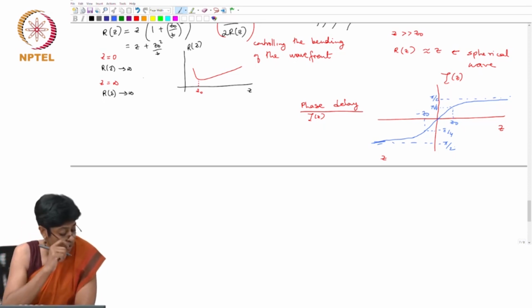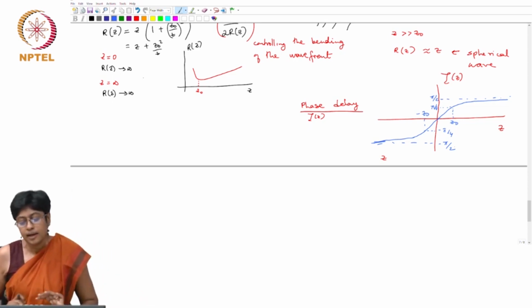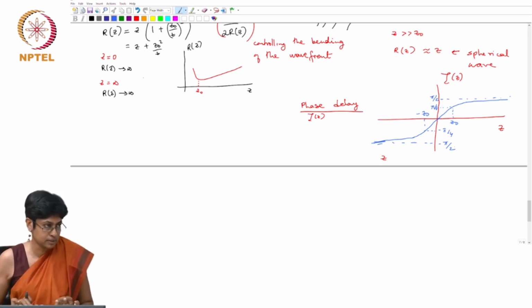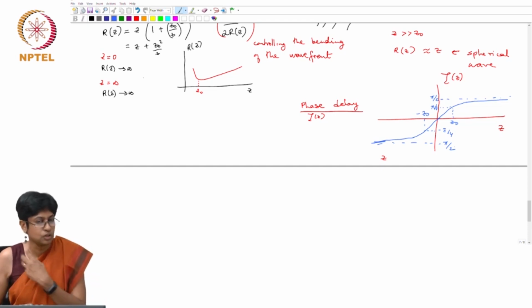Okay, so keep in mind these properties of a Gaussian beam. Okay, we have used the concepts of a plane wave and a spherical wave to understand the Gaussian beam, and we can see that the Gaussian beam has the nature of the plane wave in some places, the nature of a spherical wave in other places.